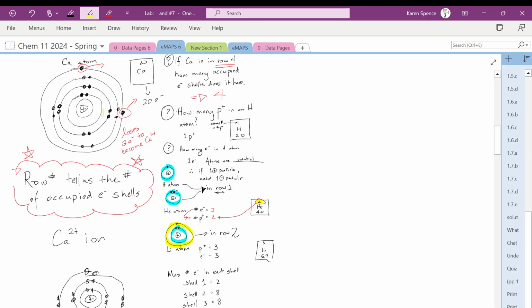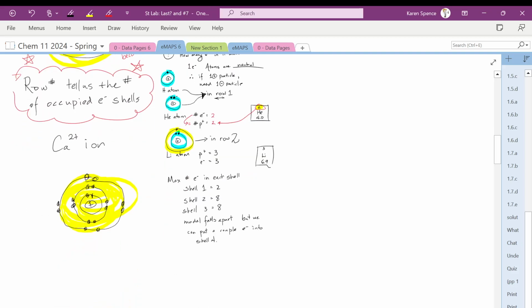What do you notice about the size? The size is smaller. Why? Because we have fewer occupied electron shells.